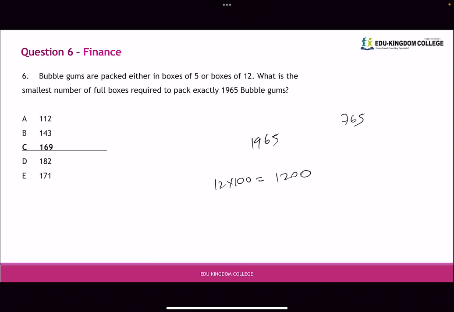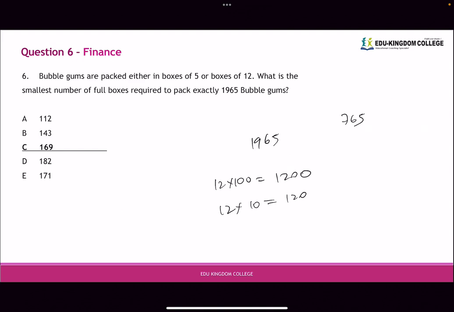So let's see how many boxes of 10 we can do. So 12 times 10 equals 120. Okay, so that's 10 boxes of 12.